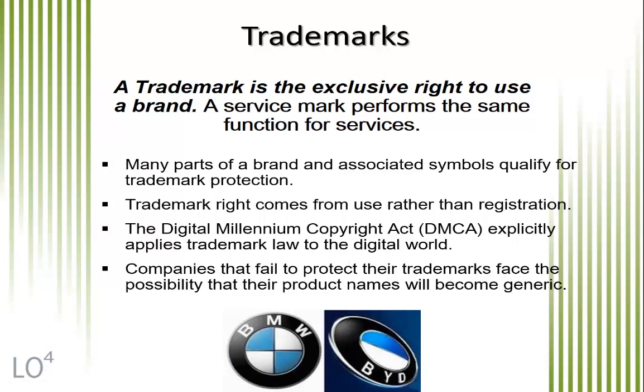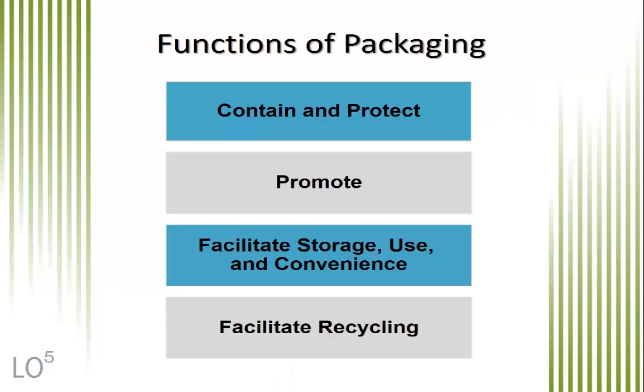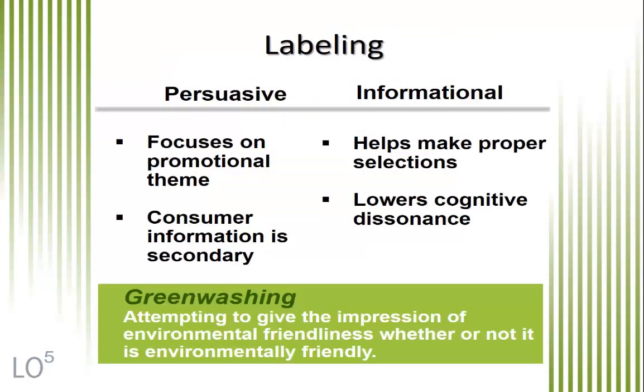The four most important functions of packaging are to contain and protect the product, promote products, facilitate storage, use, and convenience, and facilitate recycling and reduce environmental damage. Package labeling takes one of two forms, persuasive or informational.